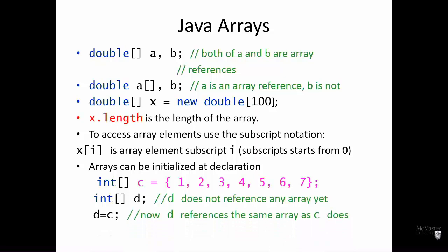Okay, so we didn't have this as a valid syntax in C, which is assigning an array to an array, right? In C, I told you if you have 2 arrays, A and B, you cannot say A equals B. What was the reason in C?